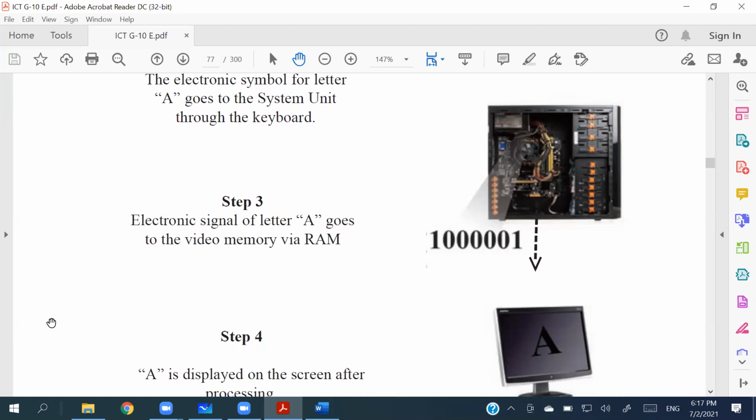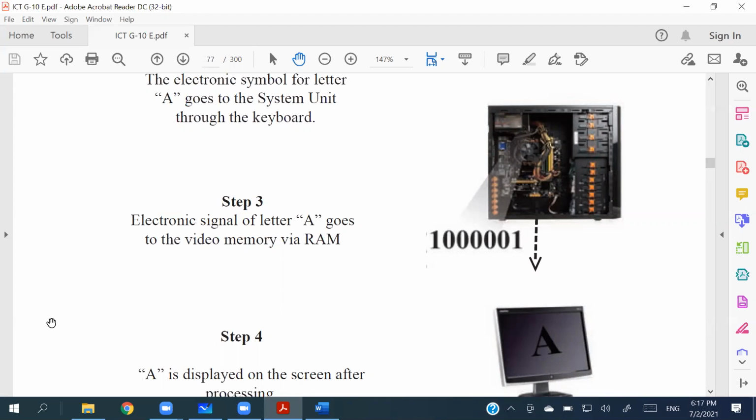So if we are literally talking about what a machine can understand, the best answer is that a machine can understand the change of voltage. But for our easiness, this change of voltage is referred to by 0 and 1, right?